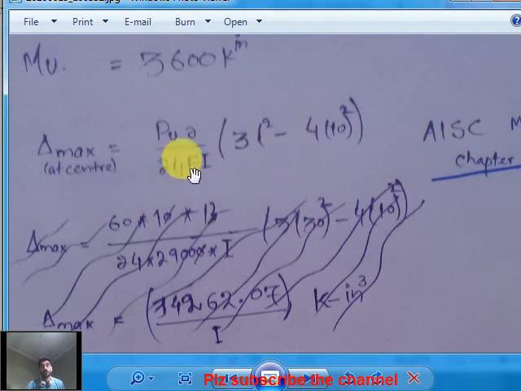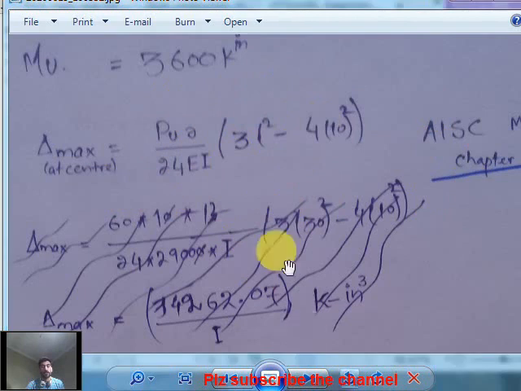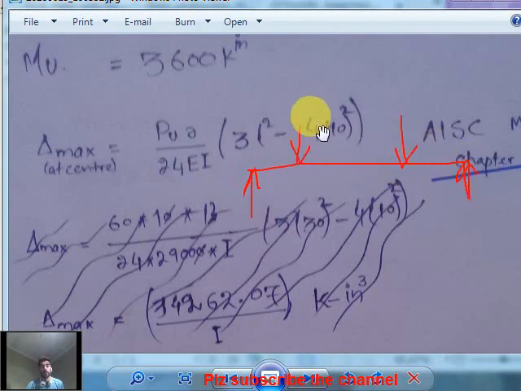Now if I draw the section, for example a simply supported beam with third-point moment loads, this distance is a and L is the total distance. That's why they use this, you will see here.